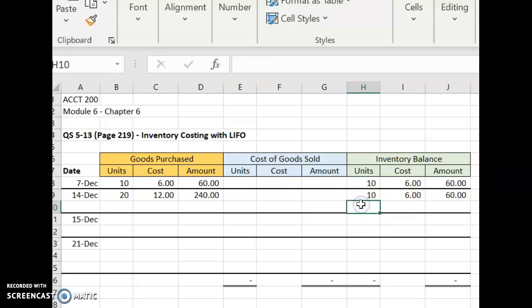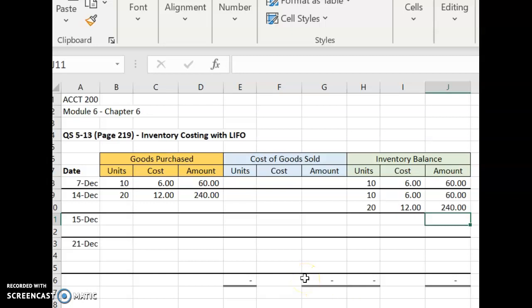And I also have these 20 units that I just purchased, so I'll bring those in. And multiply that out.